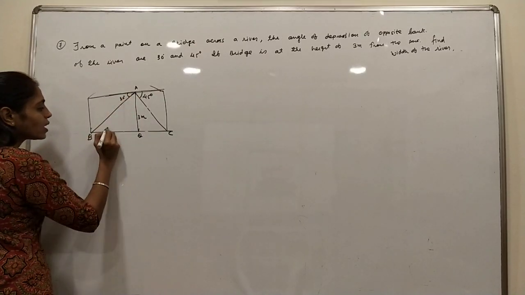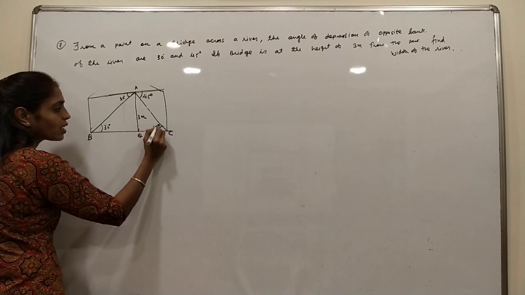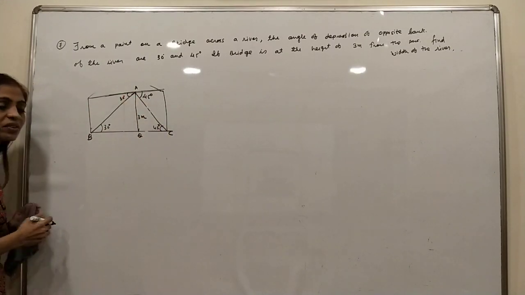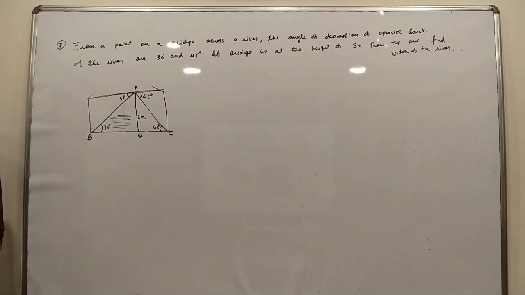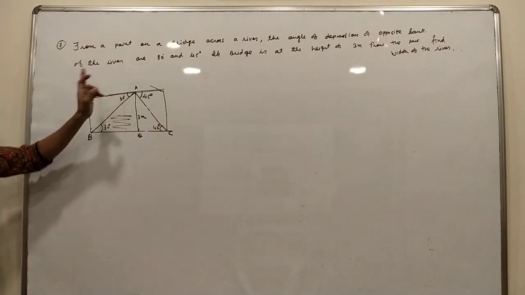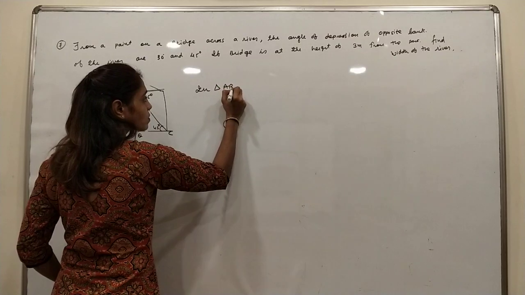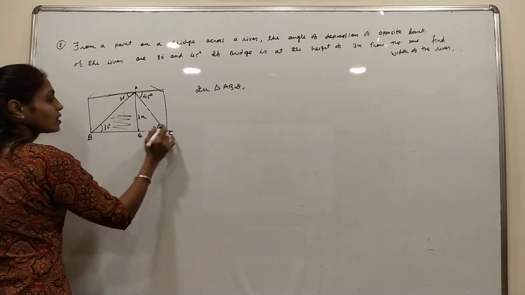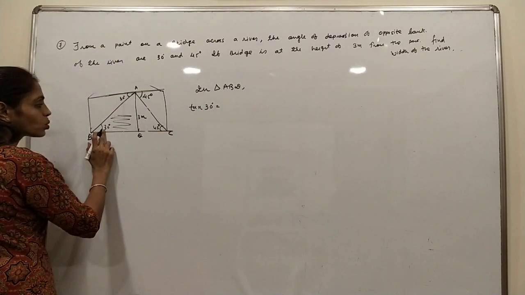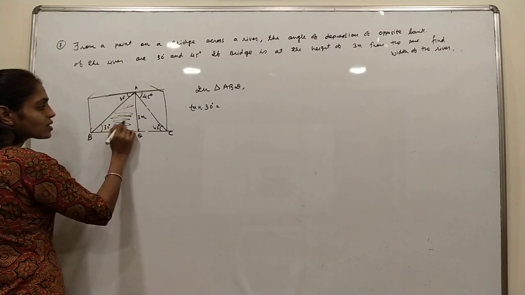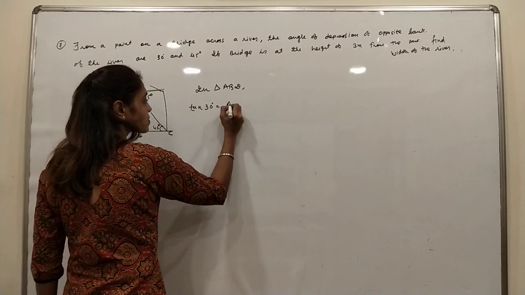Now 30 degrees, then by alternate angles the angles are 30 and 45. That angle DCA is also 45. Now in the respective two triangles where the angles are given, in triangle ABD, tan 30 degrees is P by B, that is AD upon BD.